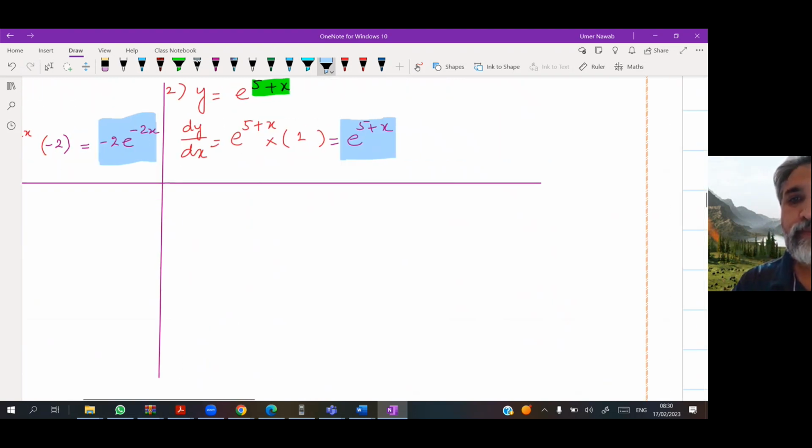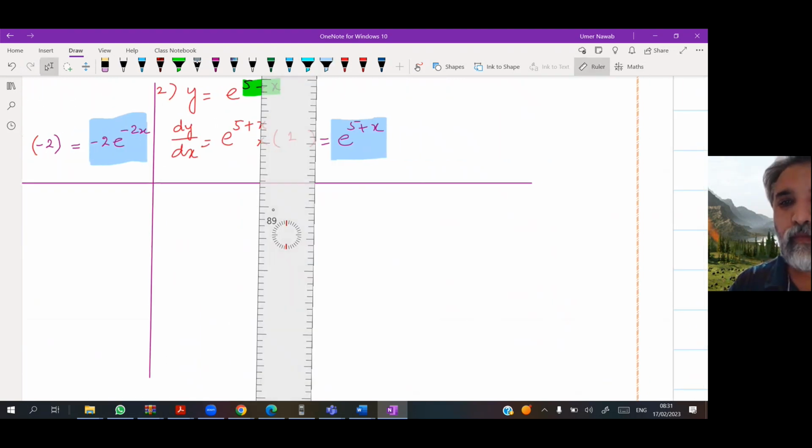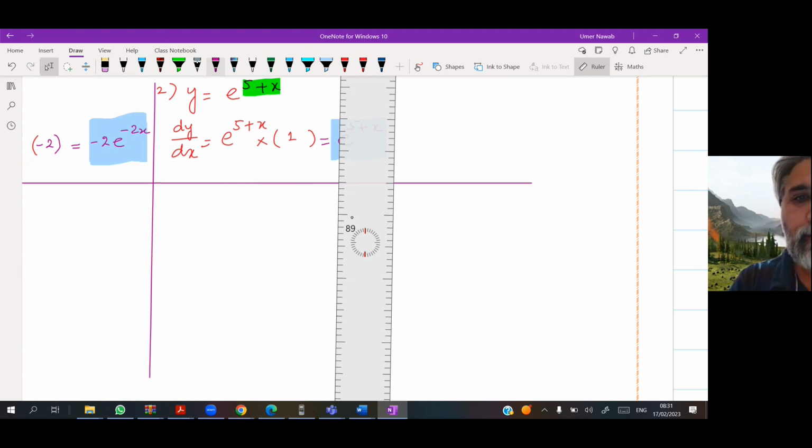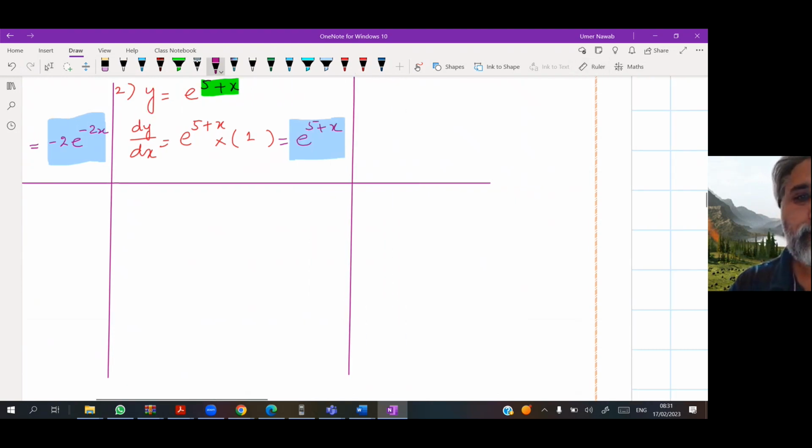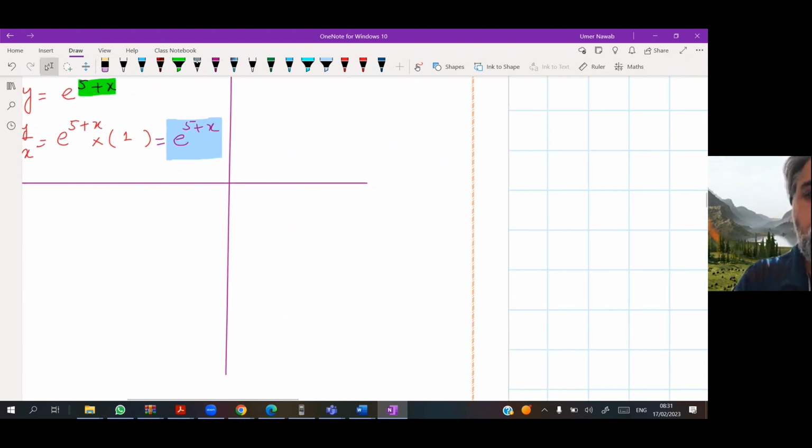Next. Third question, you can see y is equal to 9 e raised to power 3x. Now you have to find dy by dx.